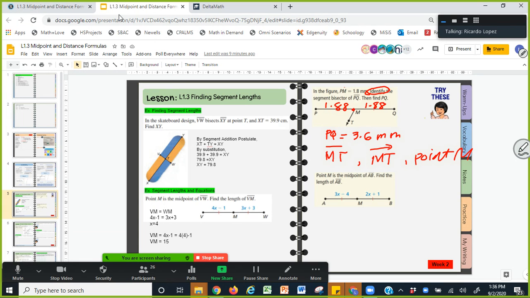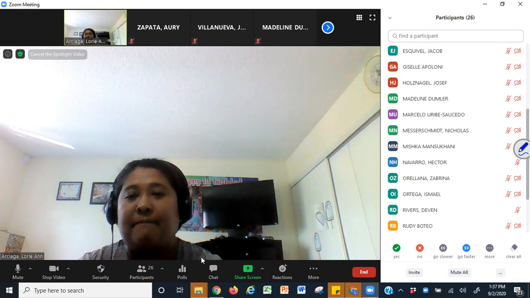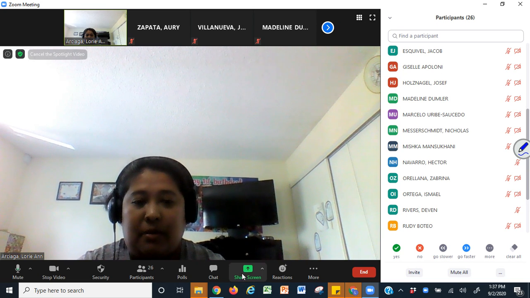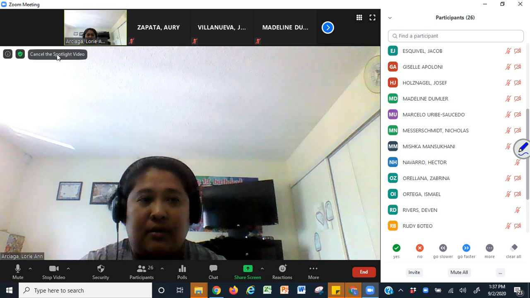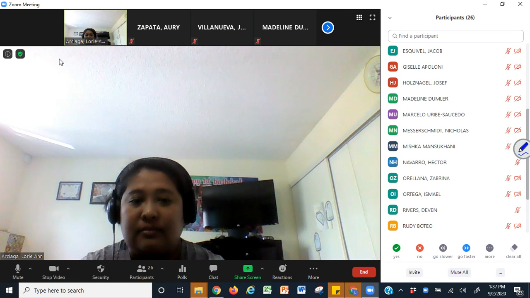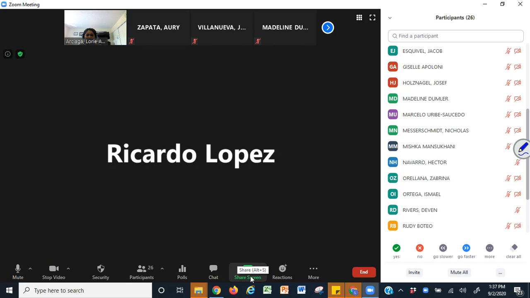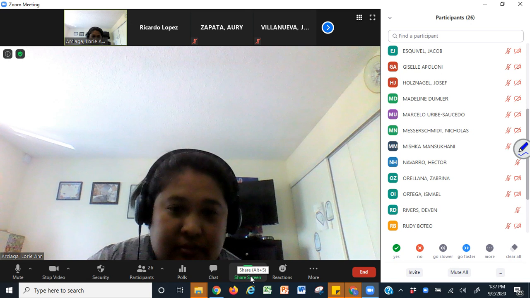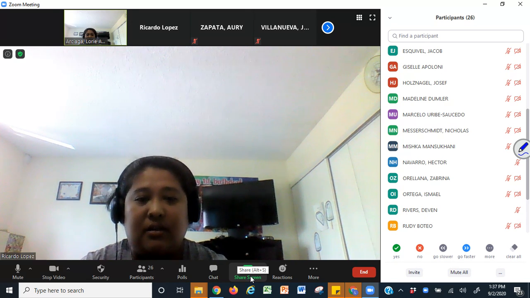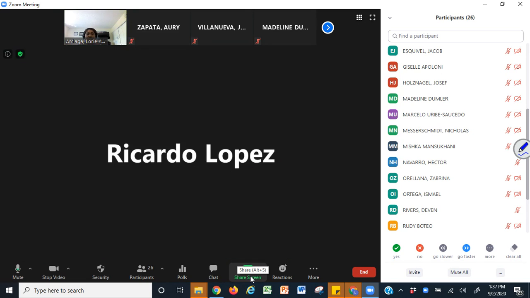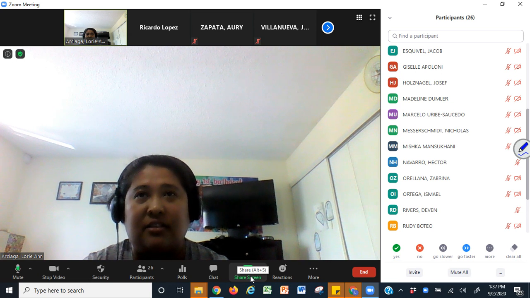Wrong screen. At the bottom of your Zoom, there's a green button, share screen. Sorry, it's asking to use my system preferences. Just click on the first option, which is normally the entire screen.